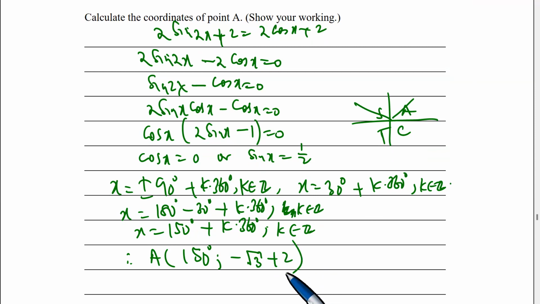Right, so at this point, in other words, you're going to look at what the value of x is. x is 150 degrees. So when you take one of the functions like f of x, what is f of x?